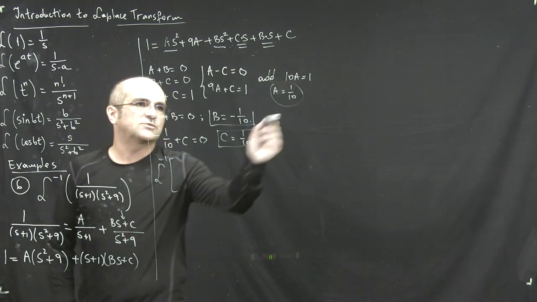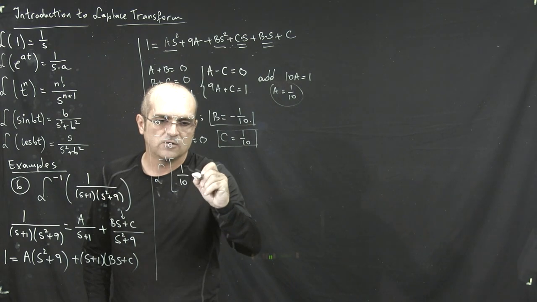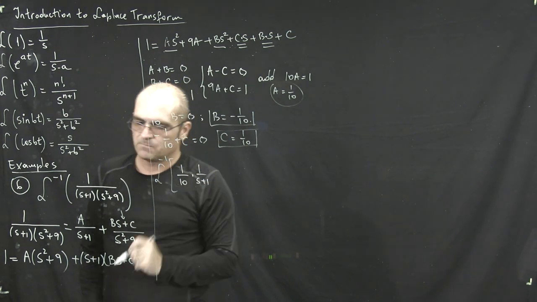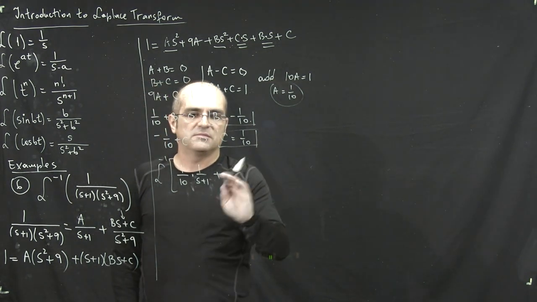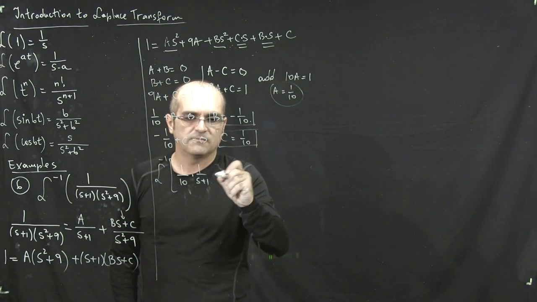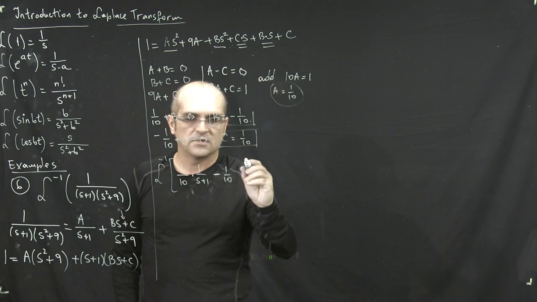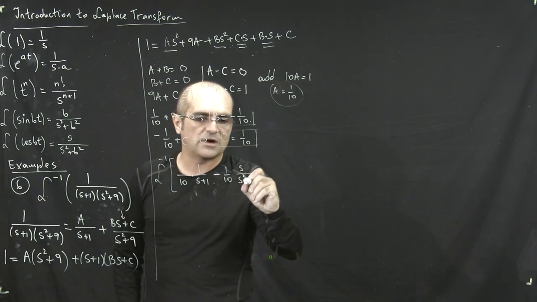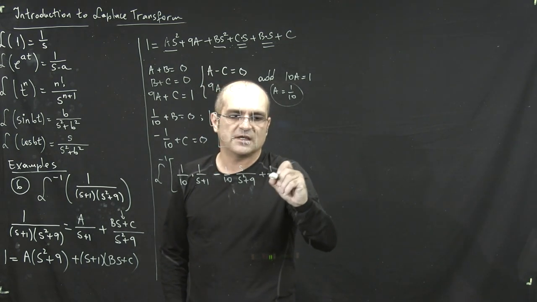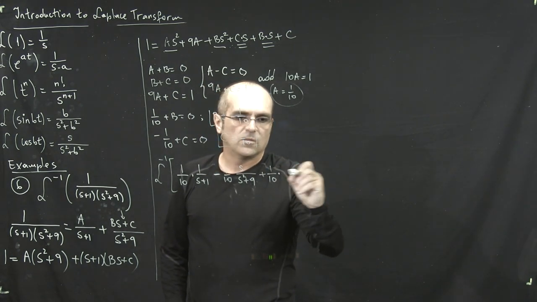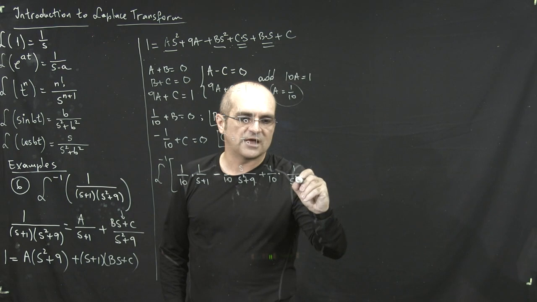So a over s plus 1, that's 1 over 10, 1 over s plus 1, plus bs over s squared plus 9. Now b was minus 1 over 10, s over s squared plus 9, and then plus c, which is 1 over 10 again, 1 over s squared plus 9.